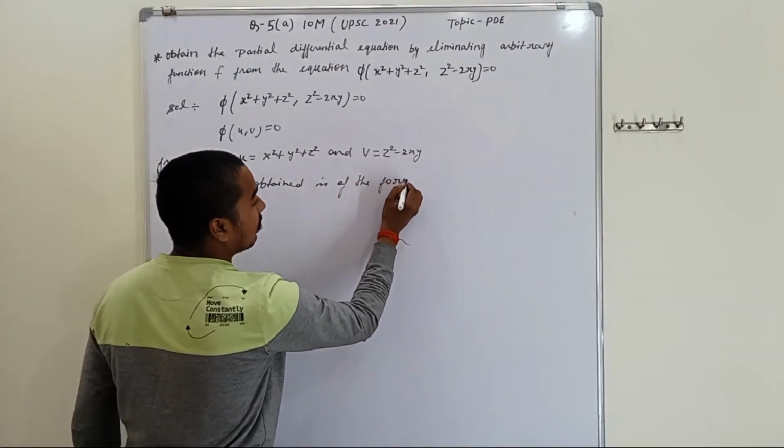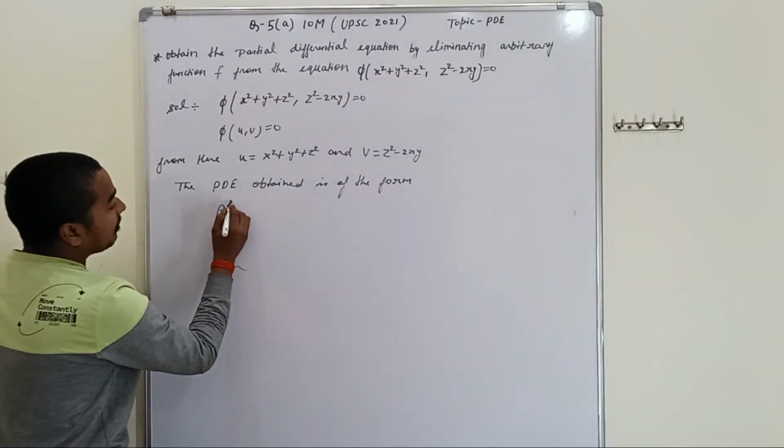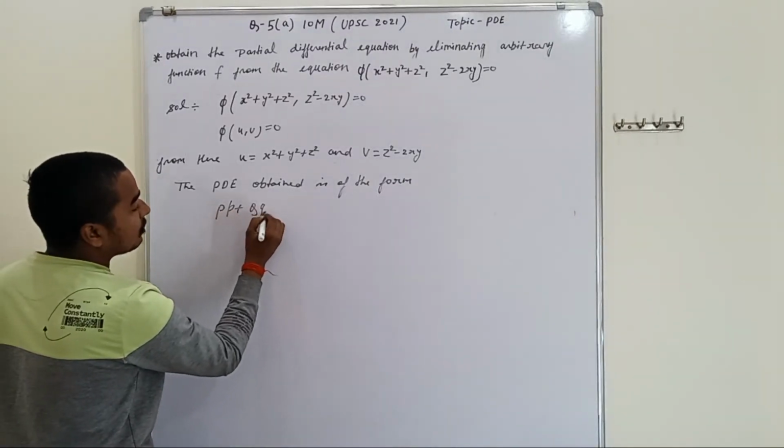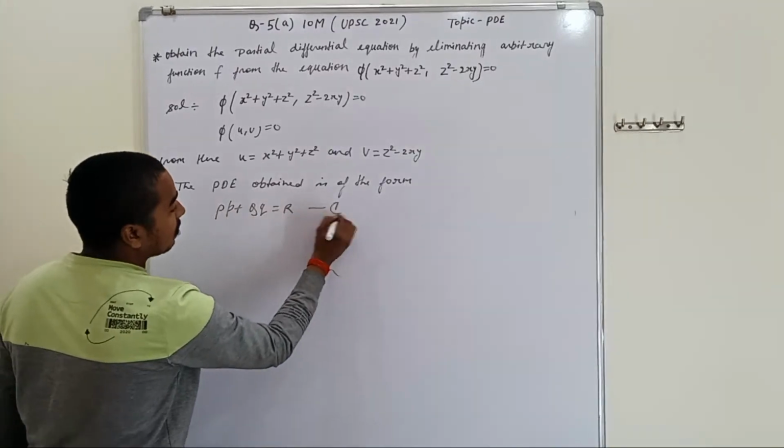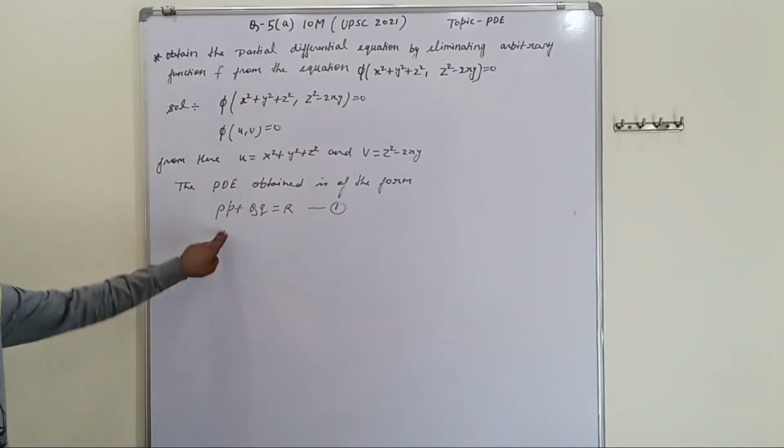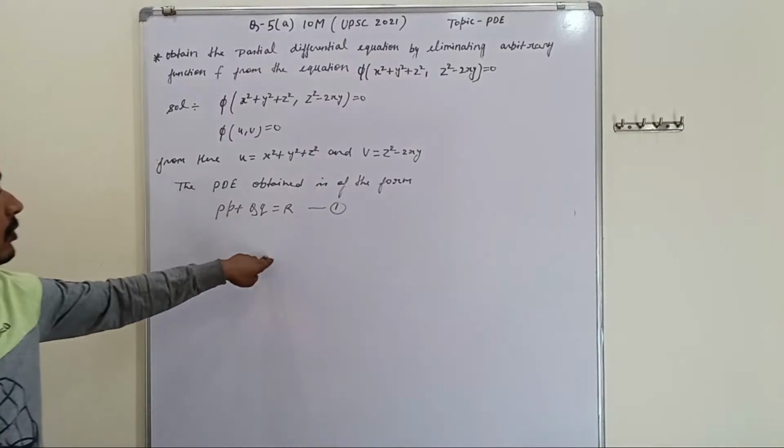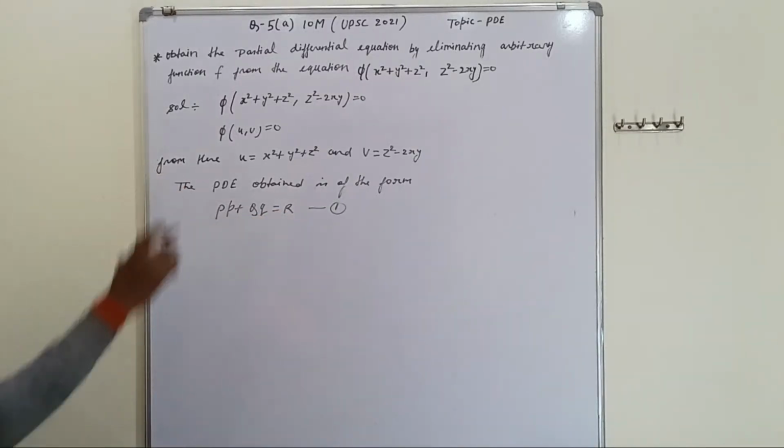The partial differential equation obtained is of the form Pp plus Qq is equal to R. Let this be equation 1. We have to find the values of P, Q and R and put them in equation 1 to get the required solution.